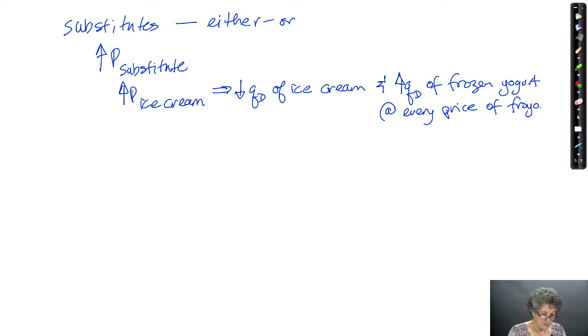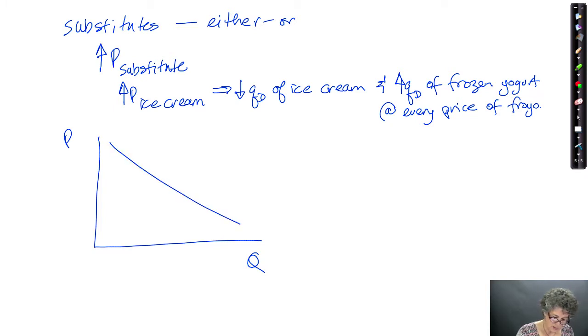How do we show that? Well, here we go. Price on the vertical, quantity on the horizontal, downward sloping demand curve. The first one, D1. This again is the market for frozen yogurt. What's happened is at every possible price, like a price of P1, the quantity demanded has increased.